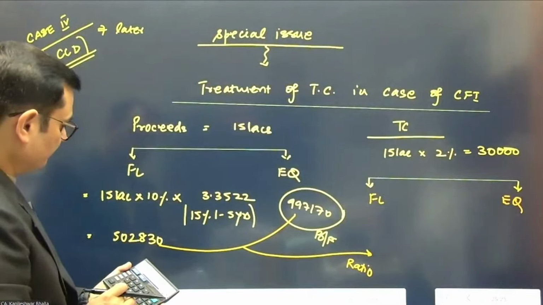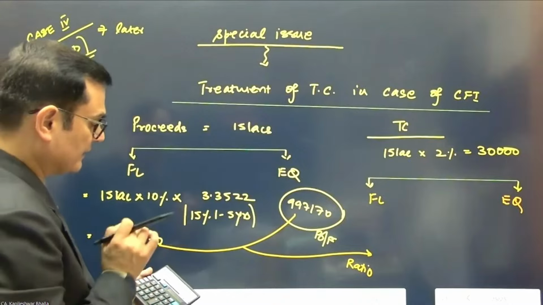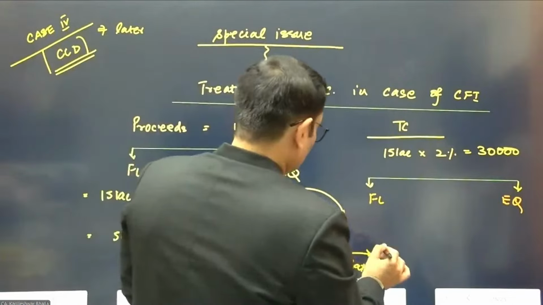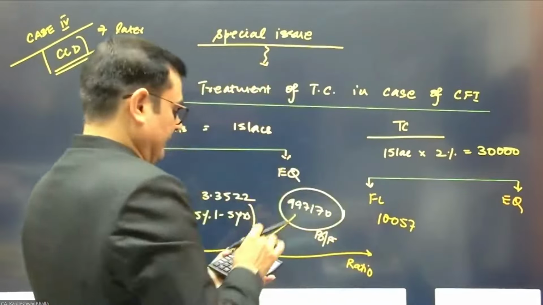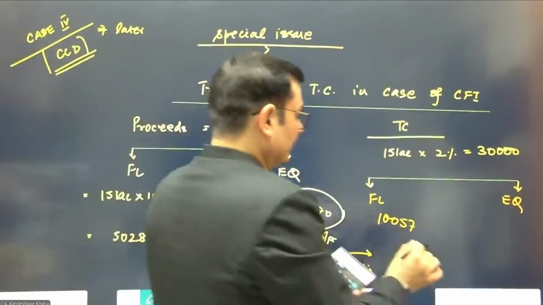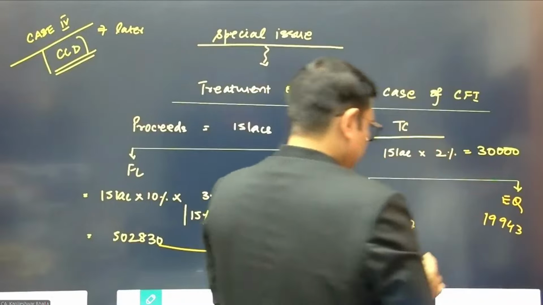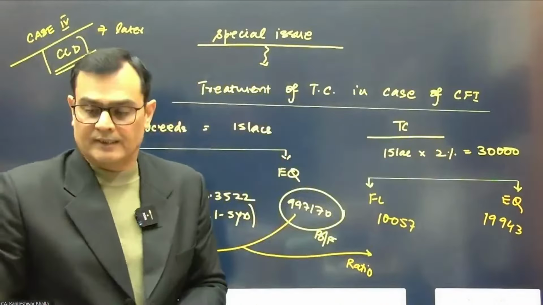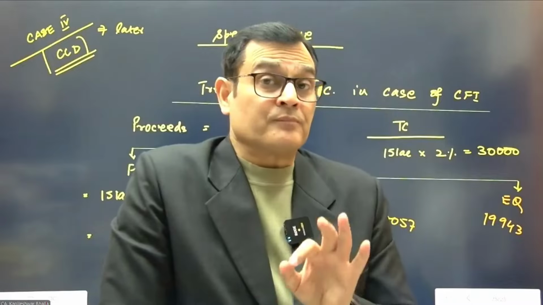So 30,000 into 502,830 upon 15 lakhs. So I think this is coming to 10,057 approximately. And this is coming to 19,943 approximately. Now the question arises, what is the treatment of this transaction cost?